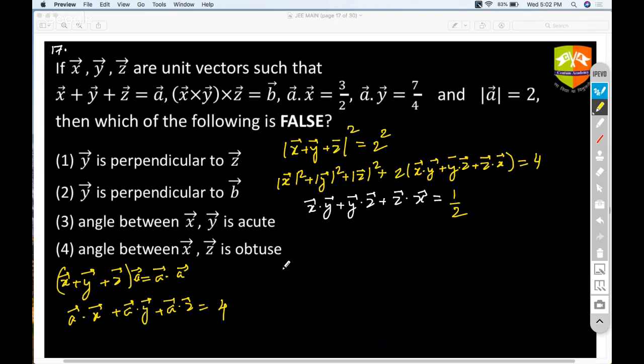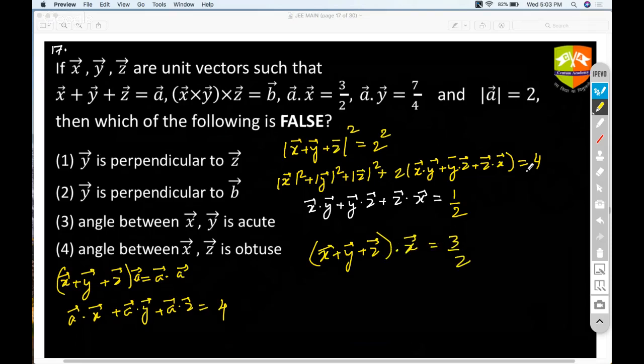Now, does this give us any information about any one of these required options? Okay. So we know that first a dot x, a I can write as x plus y plus z. So a dot x is given to us as 3 by 2.